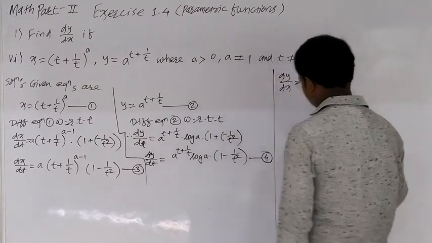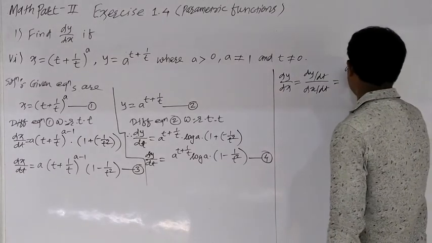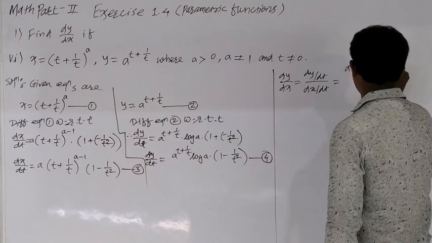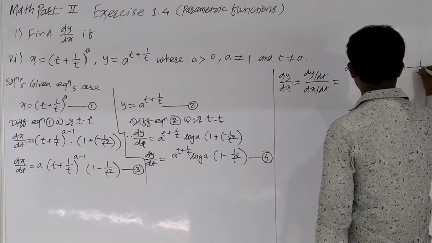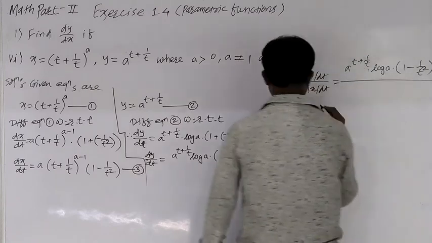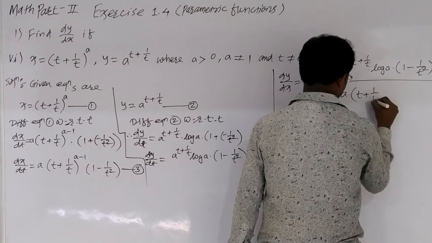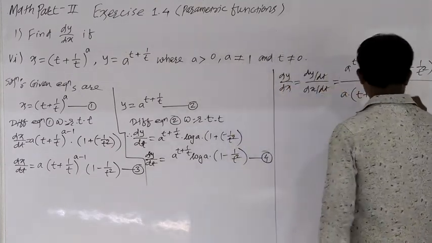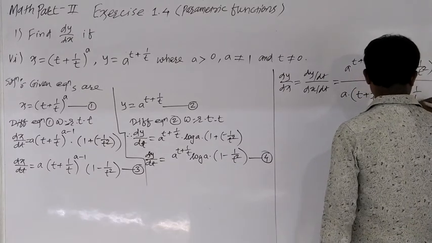From equation 3 and 4 we can put dy by dt: a raised to t plus 1 upon t into log e a into 1 minus 1 upon t square, whole divided by a into t plus 1 upon t raised to a minus 1 into 1 minus 1 upon t square.